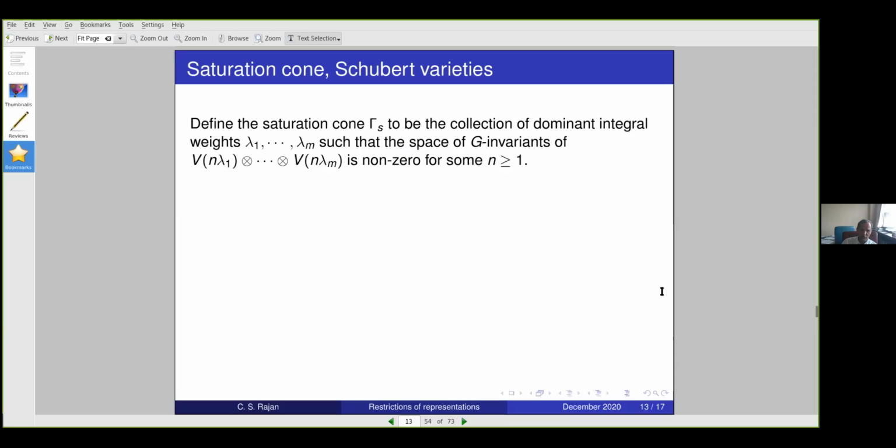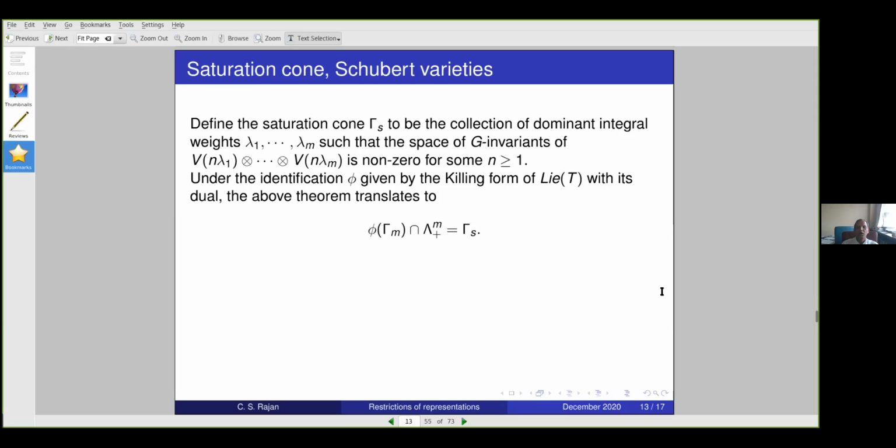I could have worked again with K. So you look at the dominant integral weights lambda 1 to lambda m such that the space of G-invariants of V of n lambda 1 tensor through V of n lambda m is non-zero for some n greater than or equal to 1. So this is the saturation cone, and the other one is the eigencone.